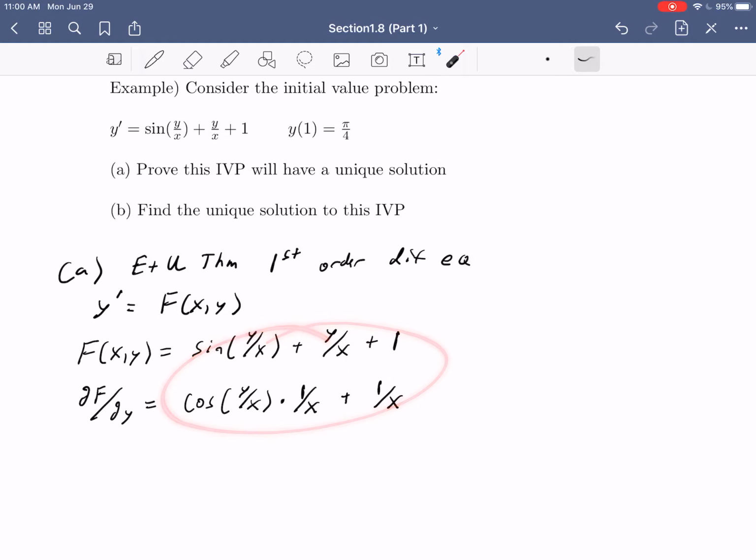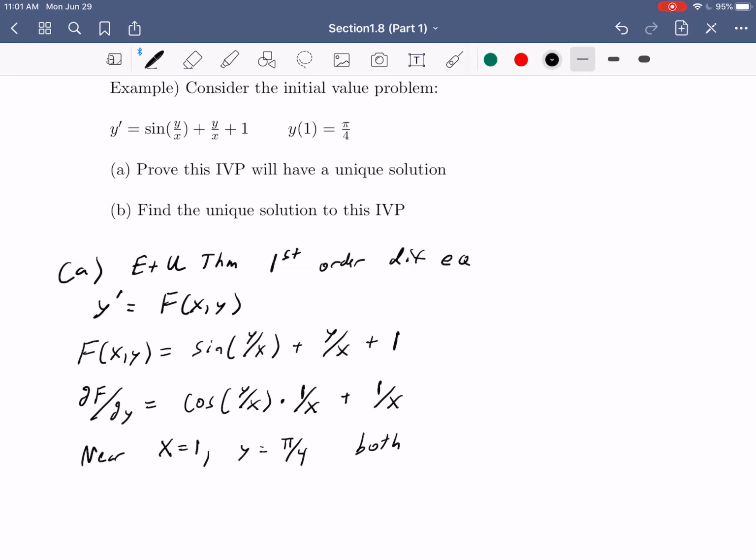Are there some discontinuities? Yeah, anytime we're near x equals 0, there's going to be some issues. But, of course, our IVP is y of 1 equals pi over 4, so near x equals 1, y equals pi over 4, both f of x, y and df dy are continuous, which implies the IVP has that unique solution.